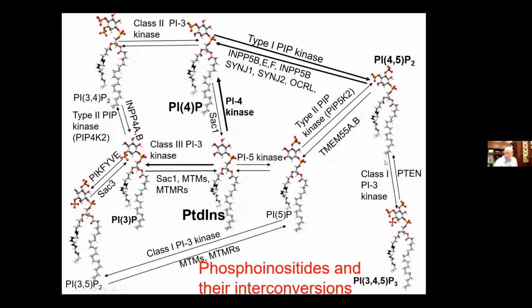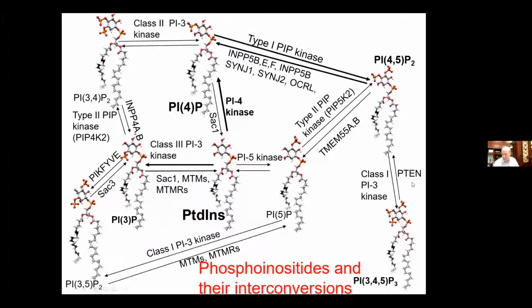I'm going to talk a lot today about PI3P and the class 3 PI3 kinase that uses ATP to convert phosphatidylinositol to PI3P. Of course, there's another PI3 kinase, the class 1 PI3 kinase that you probably heard a lot more about, which is involved in the formation of PIP3.